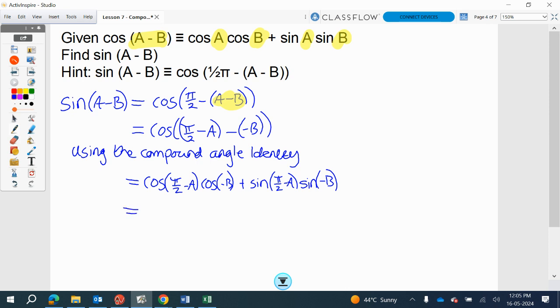Using the complementary angle identity, this one becomes sine A. Using the negative identity, that one becomes cosine B. This one becomes, using the complementary angle identity, cosine of A. And then using the negative angle identity, I get this here, and this becomes just sine B.